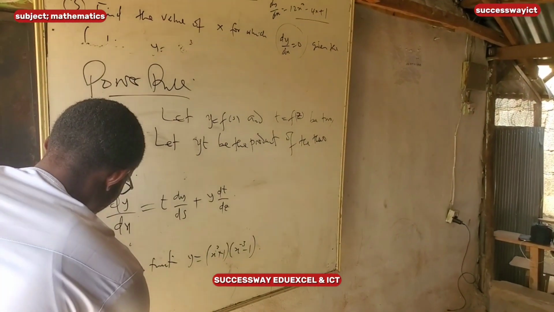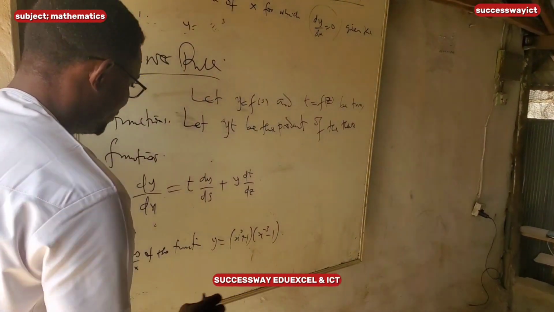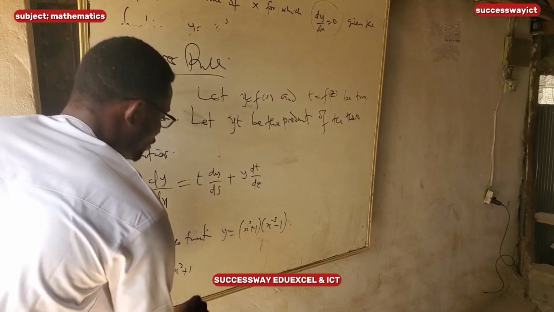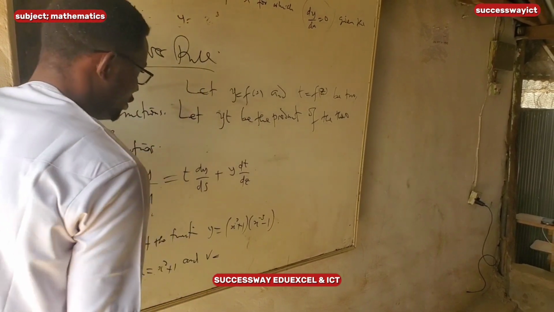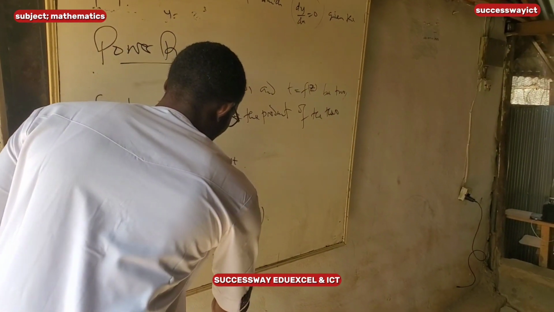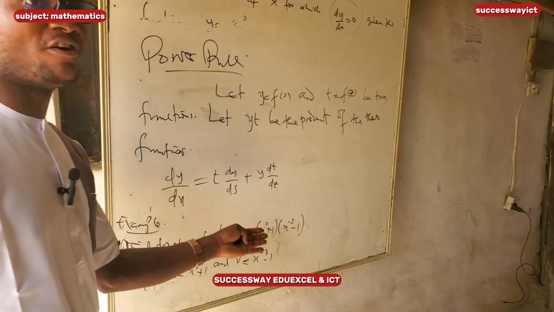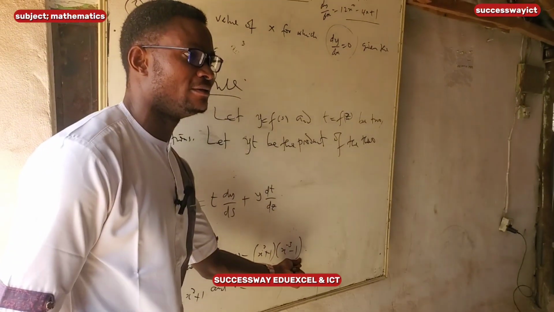Please look up now. Let u be equal to x squared plus 1 and v equal to x to power minus 3 minus 1. You split the function into two like this. So you have your u, you have your v.